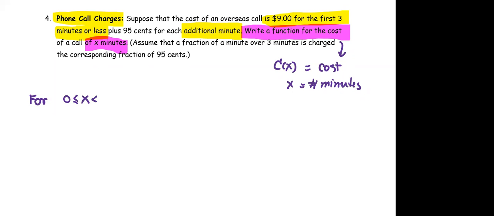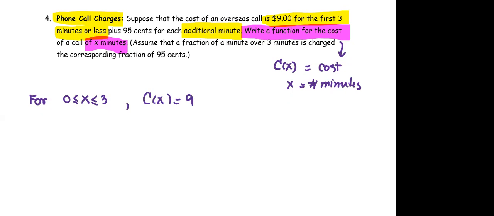So do you include 3 or not include 3? What do you think? Yes, we include 3. For x from 0 up until 3, the cost C(x) is going to be $9.